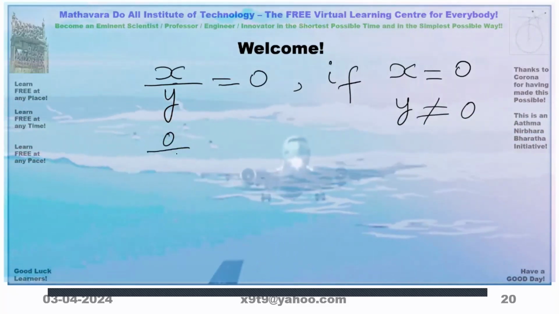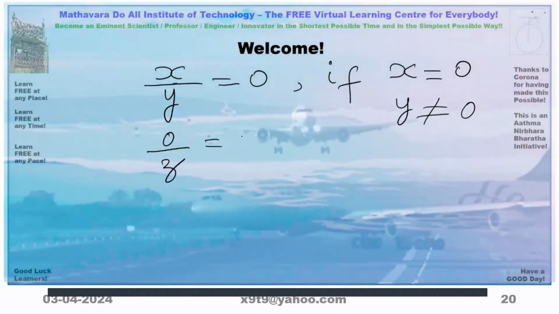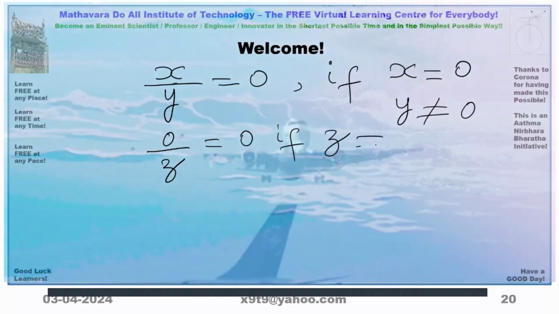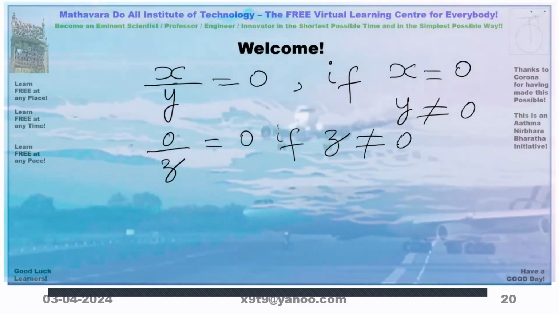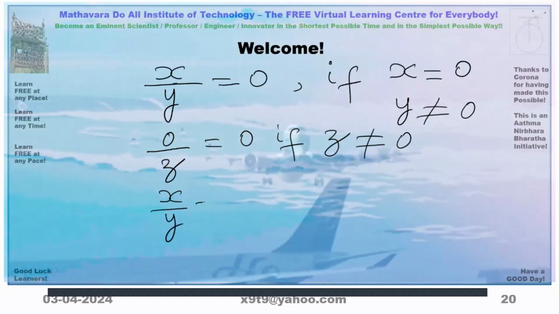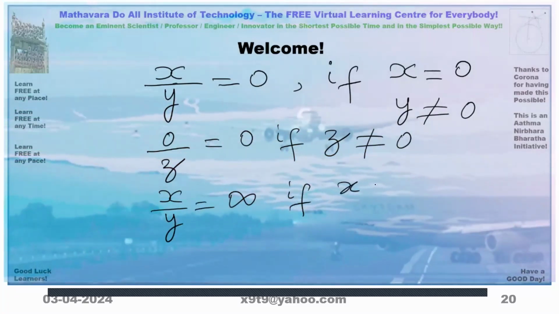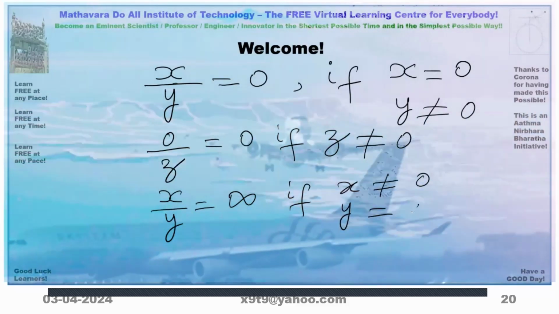So 0 divided by any number, say z, is equal to 0 if z is not equal to 0. Similarly, x by y is equal to infinity if x is not 0 but y is 0.